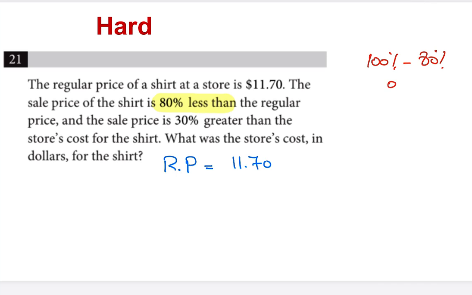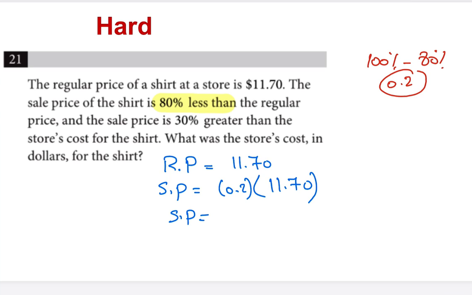So we're talking about 0.2 or 20%. All right, let's go back to our question. The sale price, I'm going to call it SP, is 80% less than the regular price, which is 0.2 times the regular price, which is 11.70. So we can find the sale price by multiplying these two quantities. You will get 2.34.